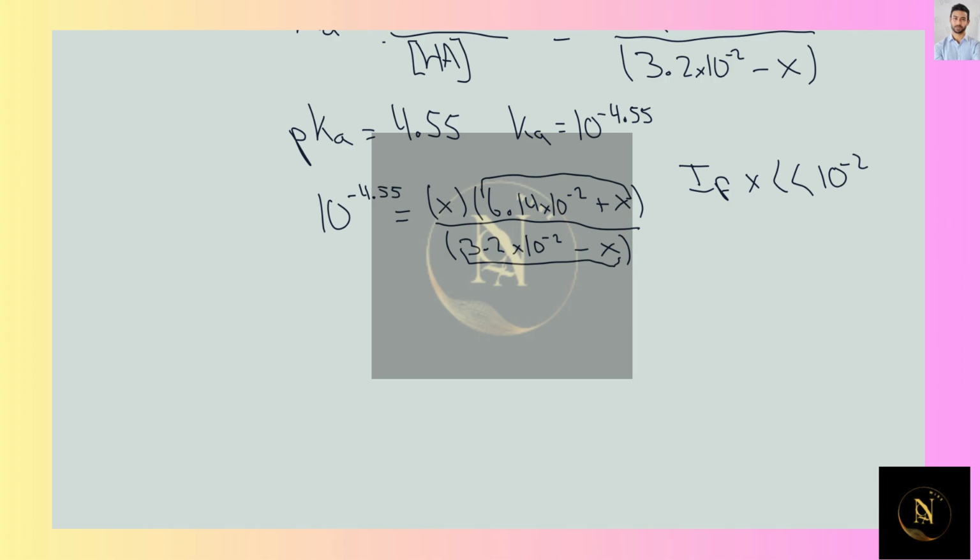So if we employ that approximation, which we can later verify is true, the equation becomes 6.14 times 10 to the minus 2 x divided by 3.2 times 10 to the minus 2.